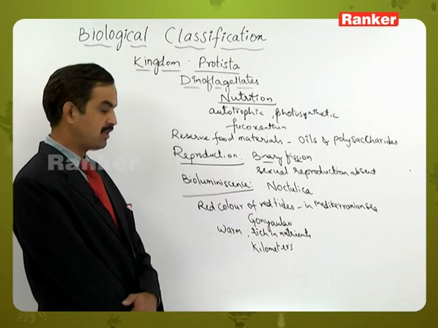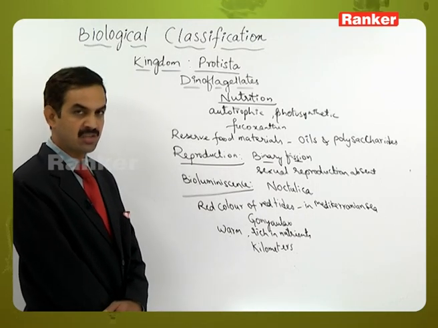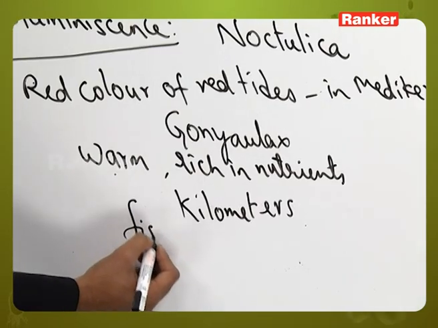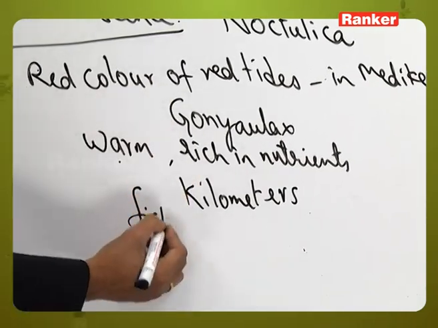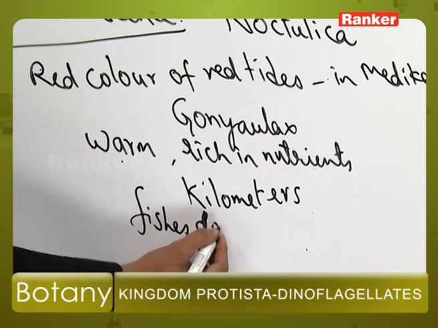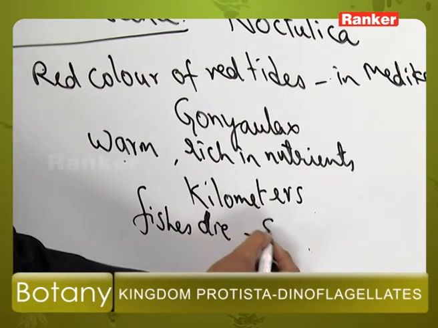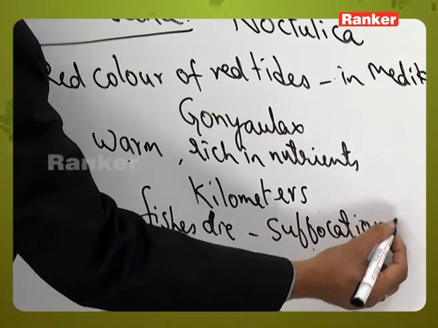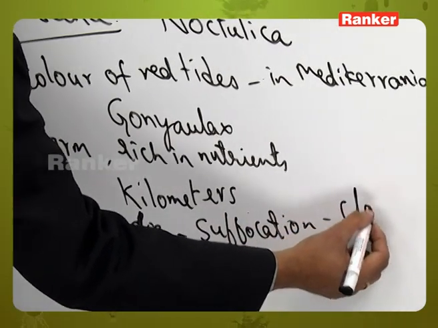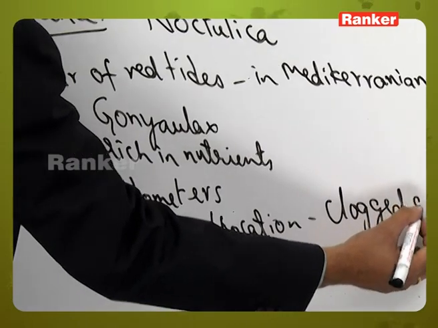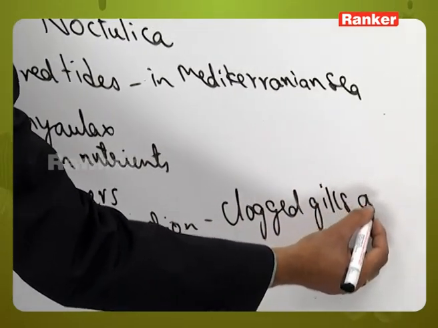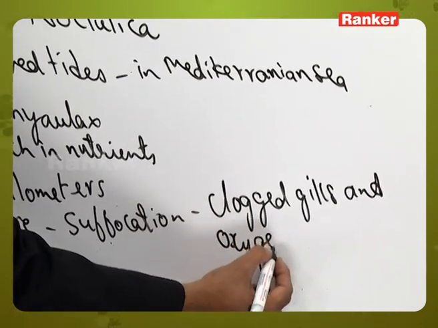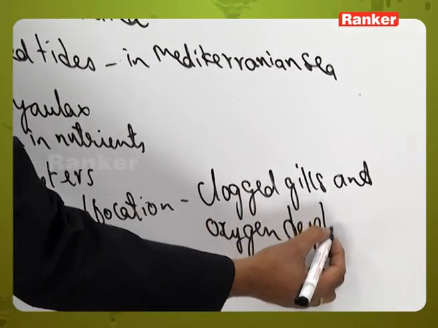This special feature forms a tide-like structure, and this will kill the fishes also. Because of this nature, the fishes will die because of suffocation. They get suffocated due to clogged gills and oxygen depletion.